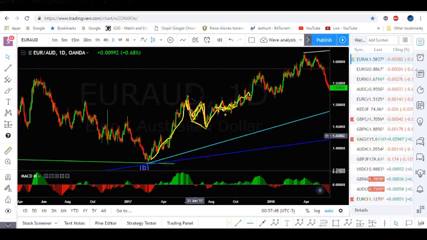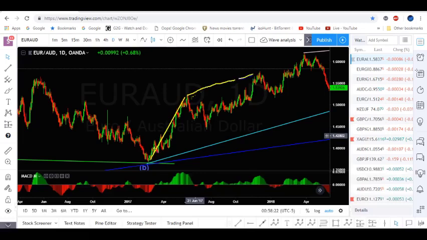And then this did something like this and came back down, and when we saw that, we knew exactly what we were looking at. So let me show you what we were looking at. There was our impulse, and can you see it now? So this is also another variation of a complicated running flat.